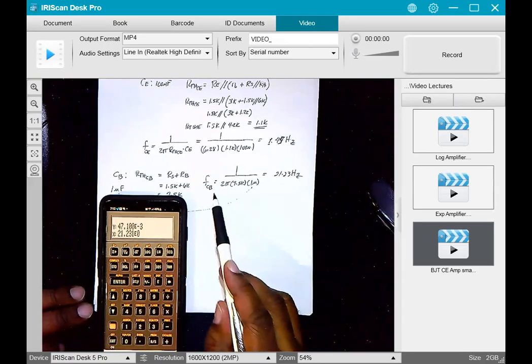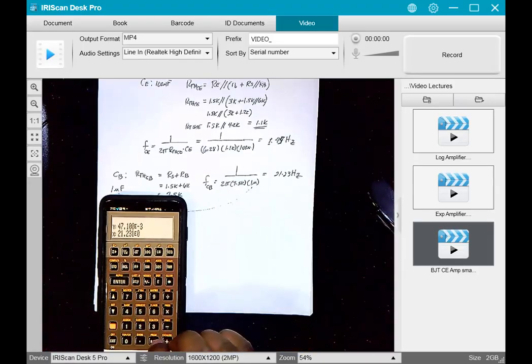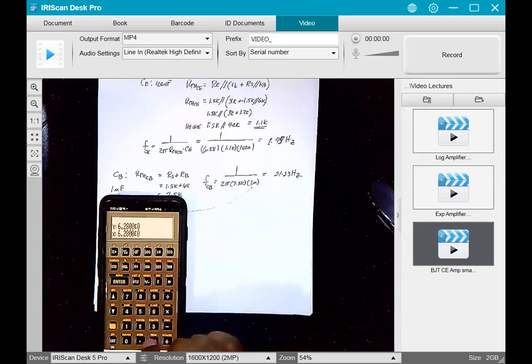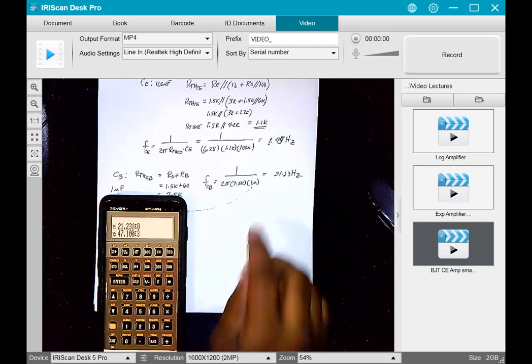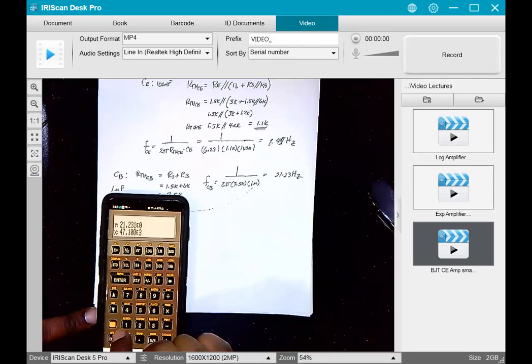So that was just not putting 100. Yeah, I'm calculating the denominator, which is 6.28 enter, 7.5K, 7500 times 1 micro, which is 1 times 10 to the minus 6, 1 E6 negative, times, then 1 over that.